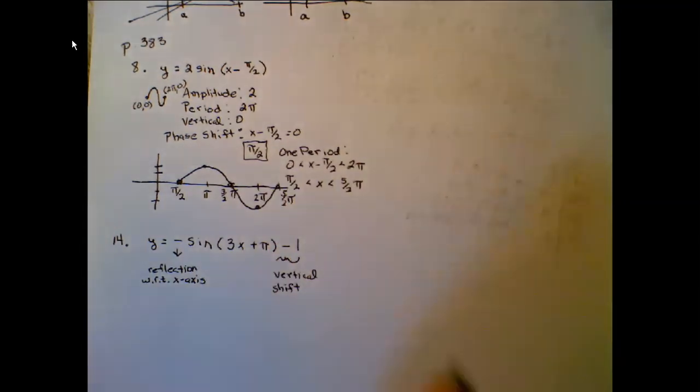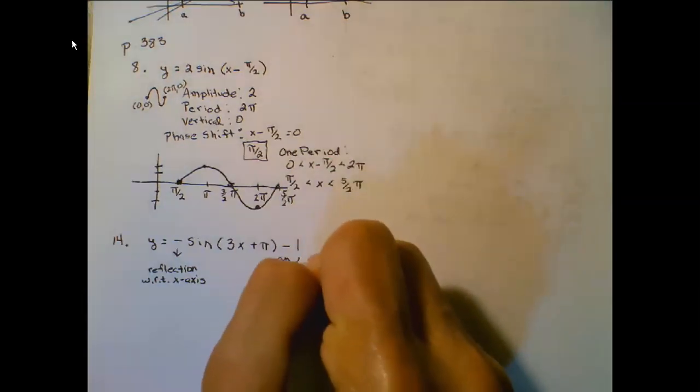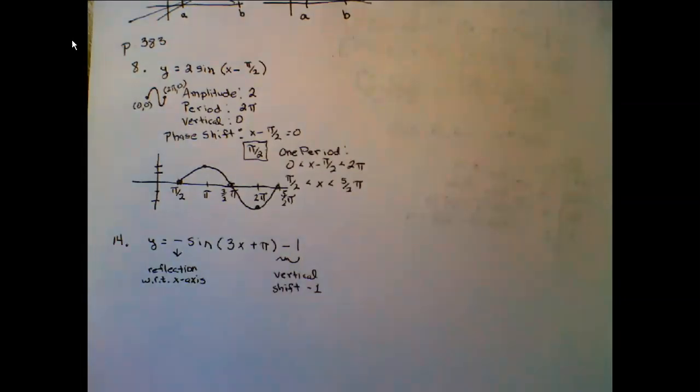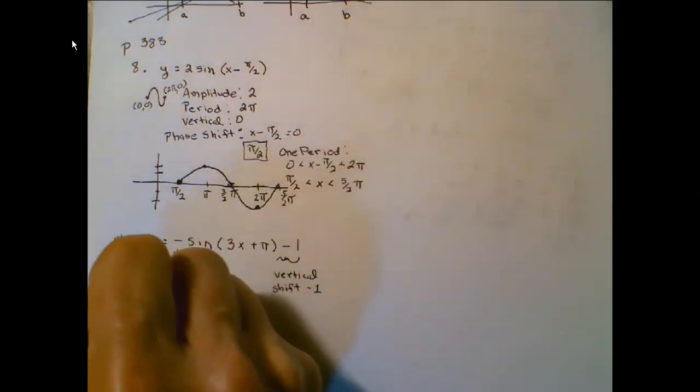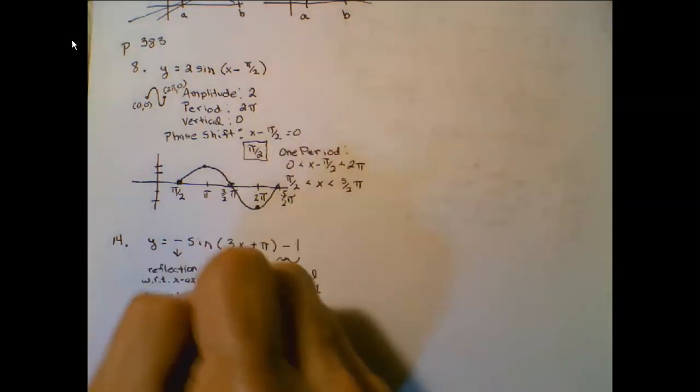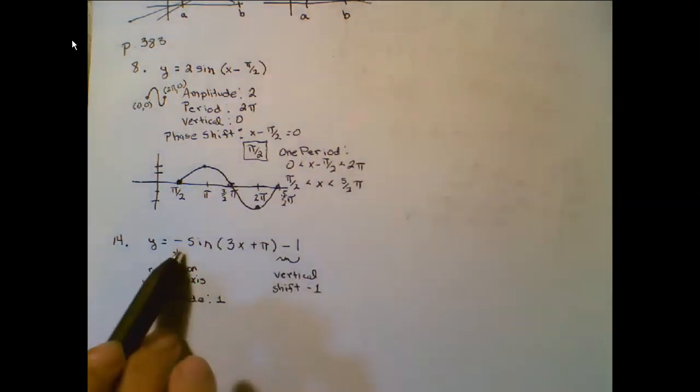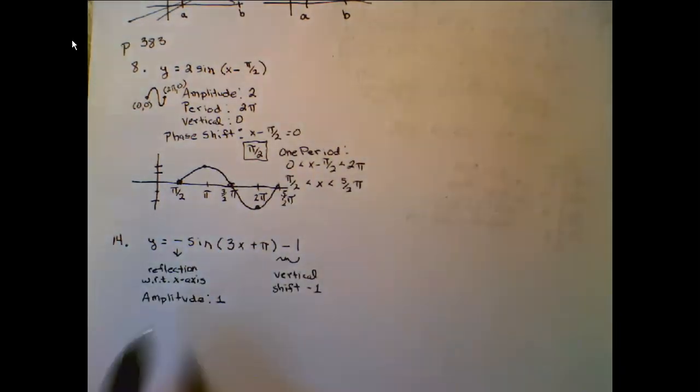Actually, in my math lab, there's a little slider scale, and you'll pull the slider scale over to the left one. What's the amplitude of this graph? 1. Yep, because the coefficient of sine is -1, only amplitude's never negative.